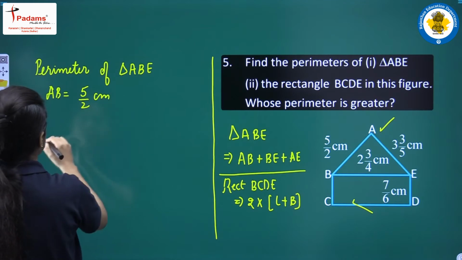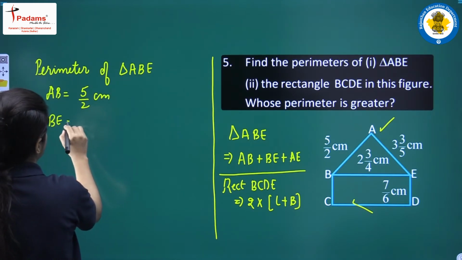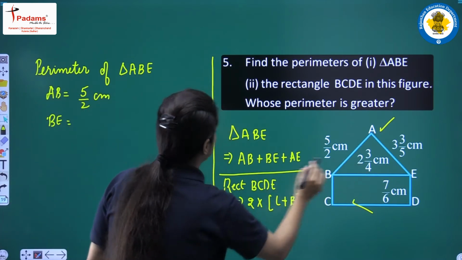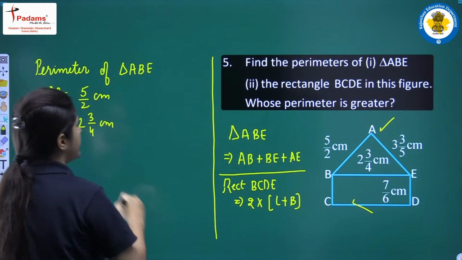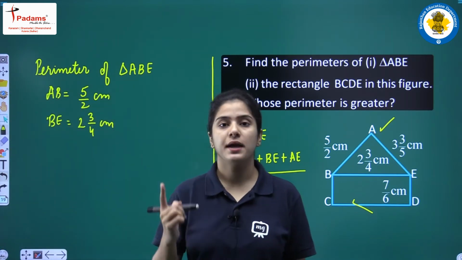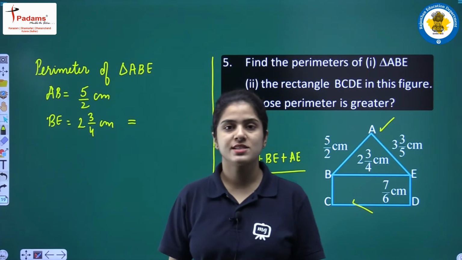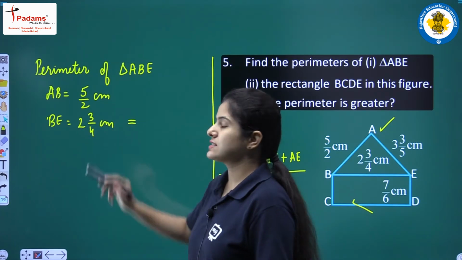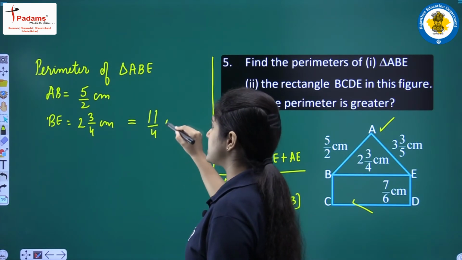centimeters. Now side BE, what is it? 2 3 by 4. This is a mixed fraction, so we need to convert it into an improper fraction. 2 into 4 is equal to 8, 8 plus 3 is equal to 11. So it is 11 upon 4 centimeters.